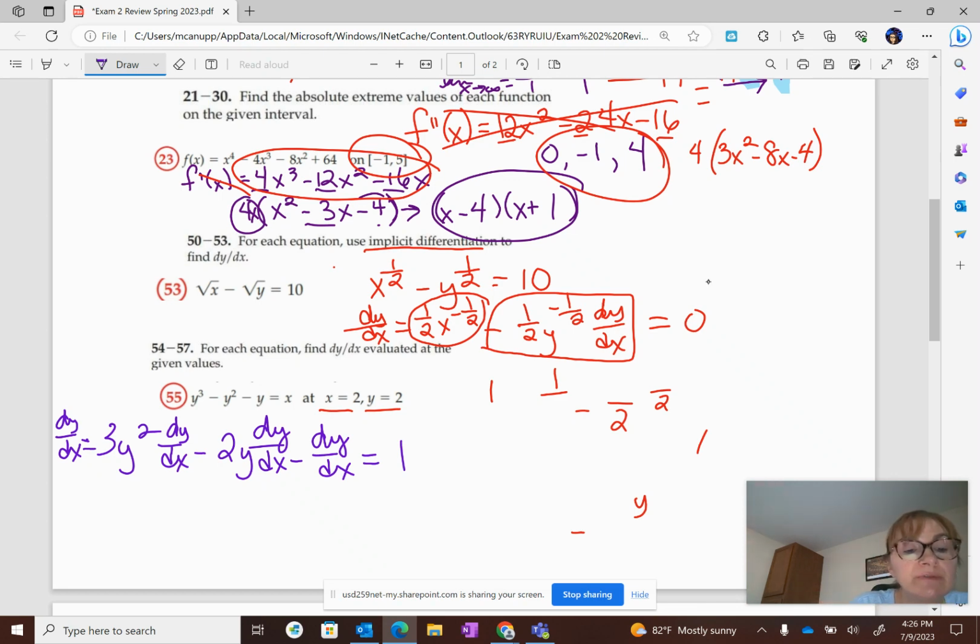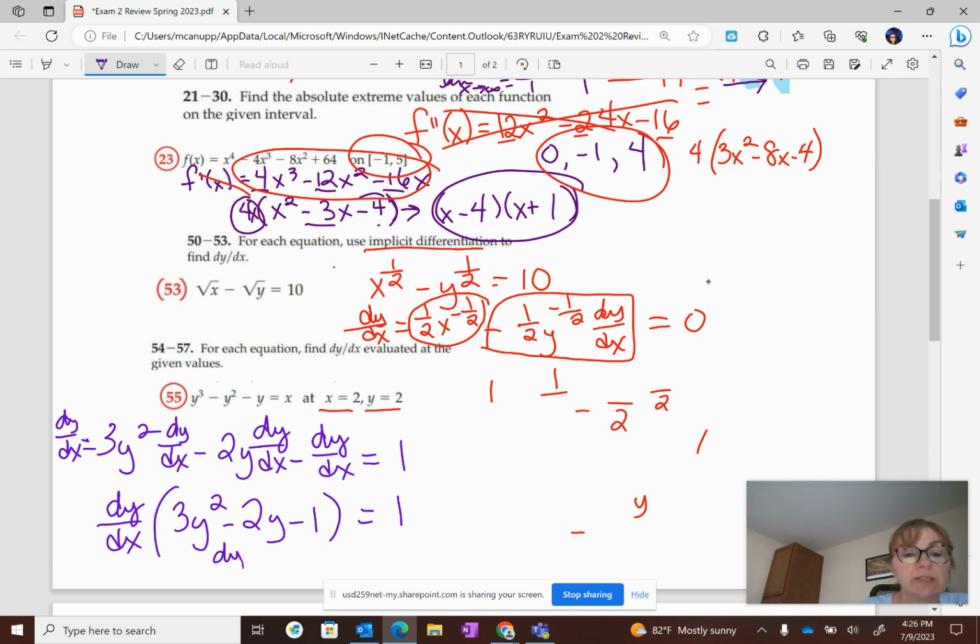So I'm going to divide dy dx out of all of these things, and I get 3y squared minus 2y minus 1 equals 1. Then I divide by everything inside the parentheses to get dy dx by itself, and it's going to equal 1 divided by 3y squared minus 2y minus 1.